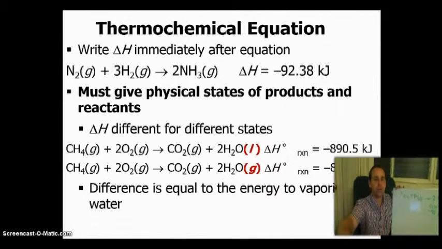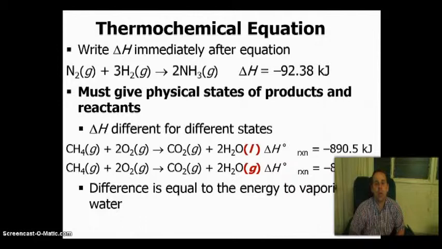So, as we see from this slide, it would be different if our product was liquid ammonia, for example. We have another example here down below on the bottom of the slide where CH4, methane, combines with oxygen to form carbon dioxide and water.